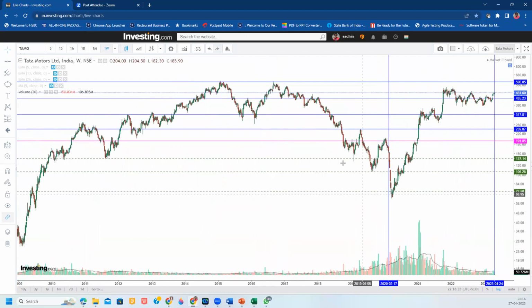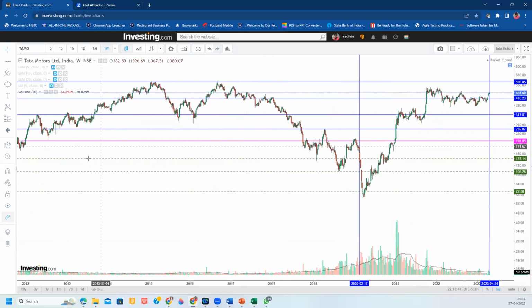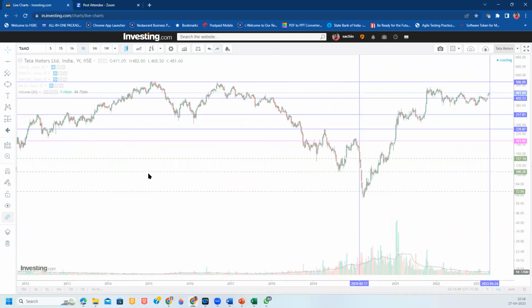Yes. So here I have drawn the support lines in green. These support lines will act as targets for me as per the checklist.